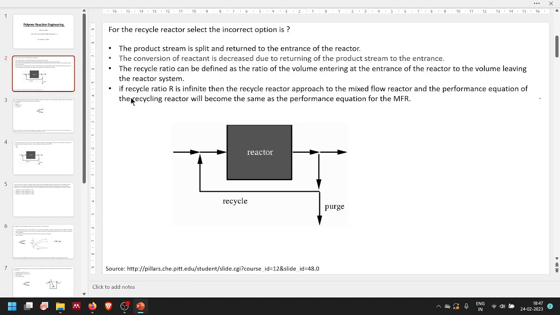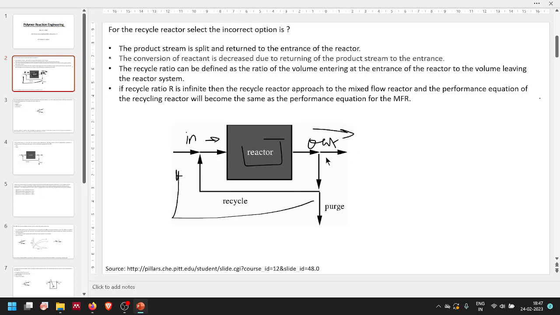We have a schematic right here, which shows what is happening in a reactor and how the recycle stream functions. We have an inlet stream right here and an outlet stream right here. Some volume of the reactant enters the reactor, reaction occurs, and then we have some product as outlet.